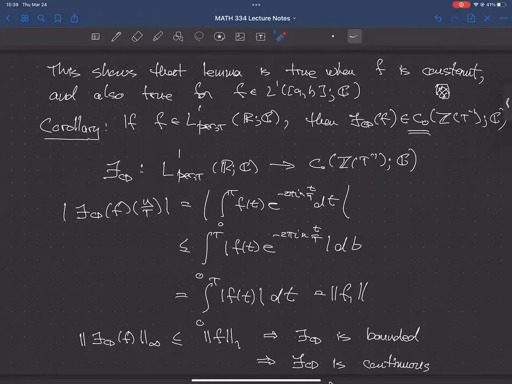For example, if you go with L2 instead of L1, then we get little L2 here. Little L2 means that there's a rate at which you have to go to 0 to be in little L2.